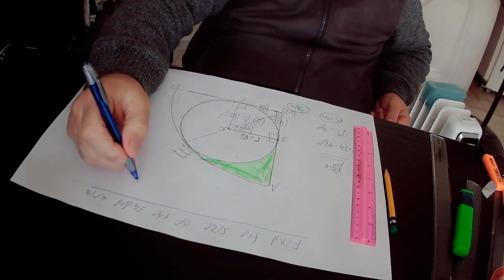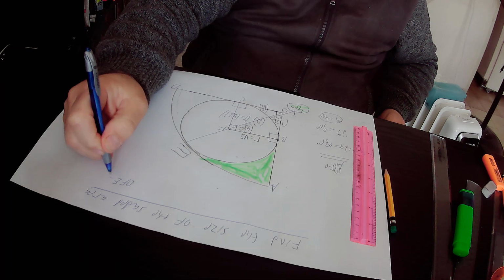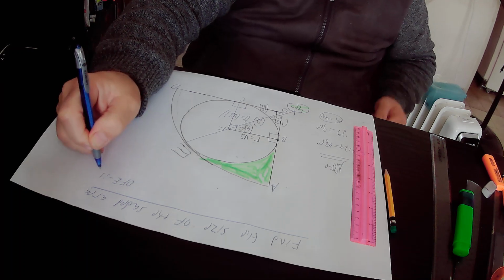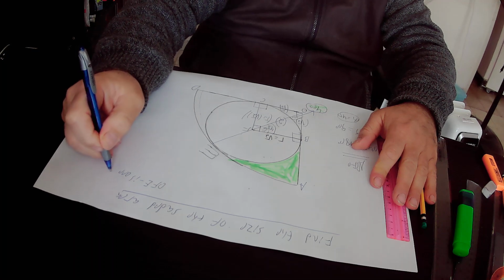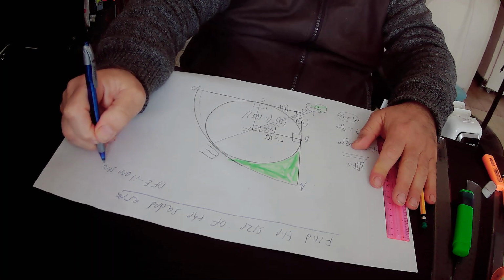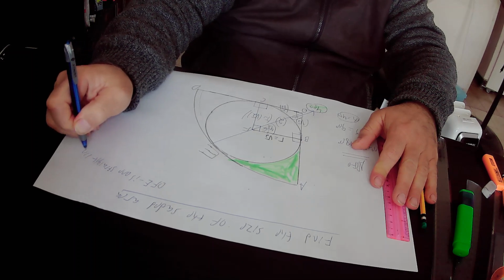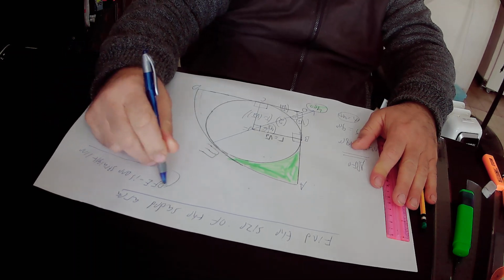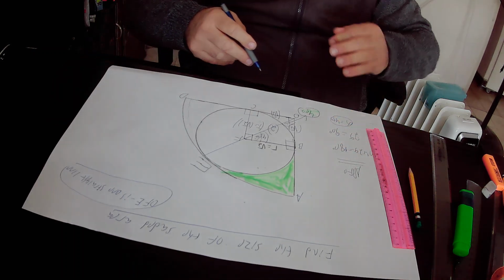Okay, write it down: OFE is one straight line. So we know that OFE is a straight line.